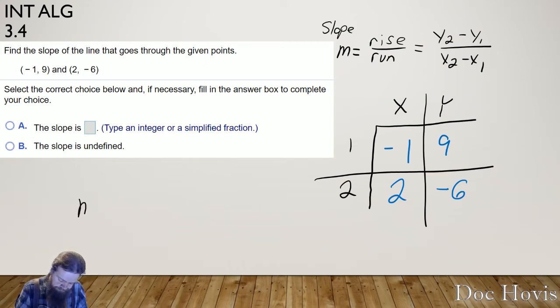So M is equal to, again, my formula is y2. So my y2 value here is negative 6 minus, that is part of the formula, minus y1. y1 is 9 all over top of x2, which is 2, and then minus a negative 1.